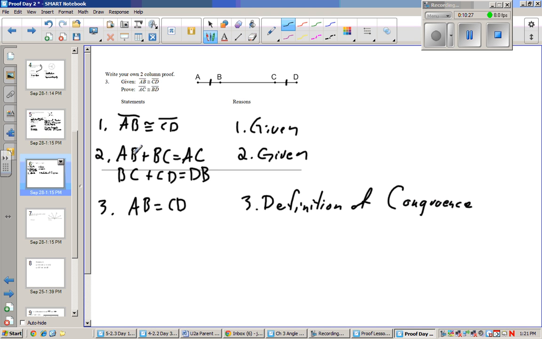All right, so now we have this information. We know AB is the same thing as CD. So if I put that into the equation, I could say CD plus BC is equal to AC. And that's just substitution.